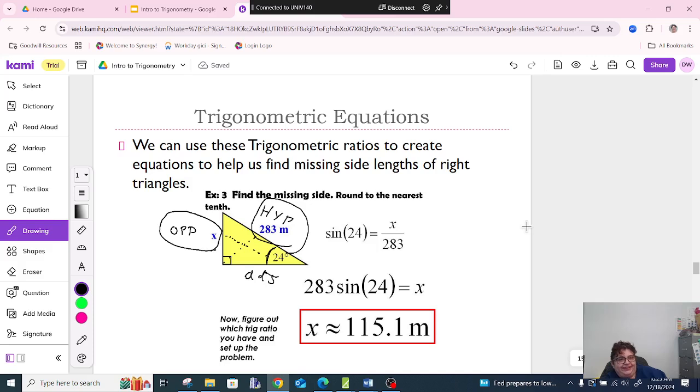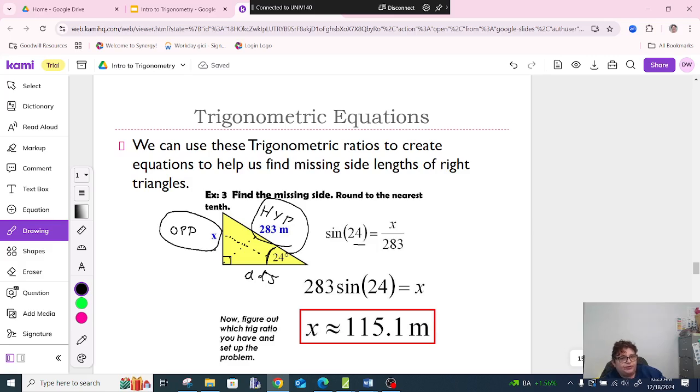So, you would write, this here tells you what trig function you're using. You put the angle right next to it. So sine 24 is equal to opposite over hypotenuse.